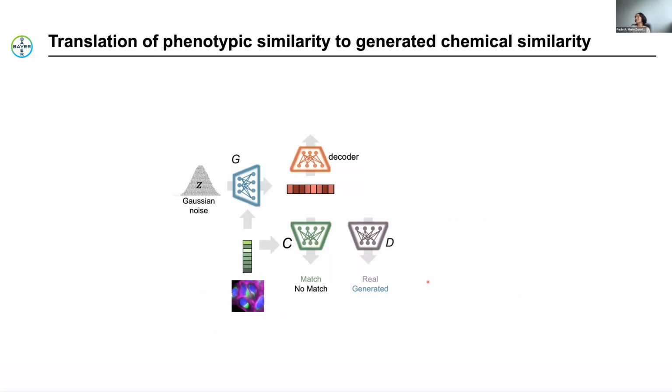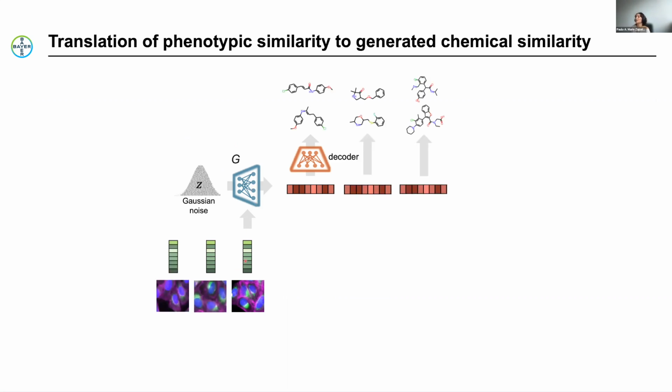The interesting part is to see if this conditioning is doing something to the chemical space or not. During inference time, once we train the model, we forget about the condition and discriminator networks, and we only work with the generator. We feed the generator with different morphological profiles from different compounds, and we ask the generator to generate an arbitrary number of molecules for each input condition.